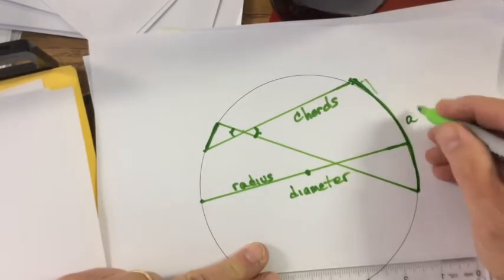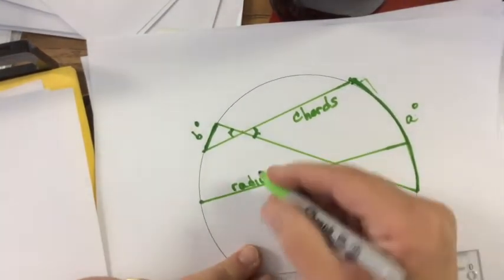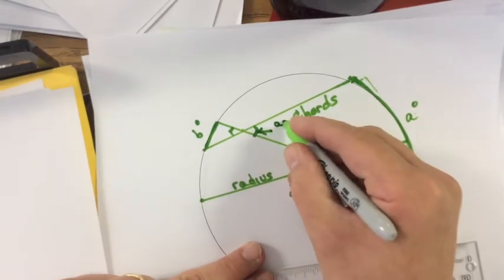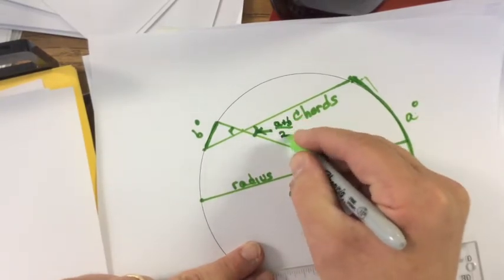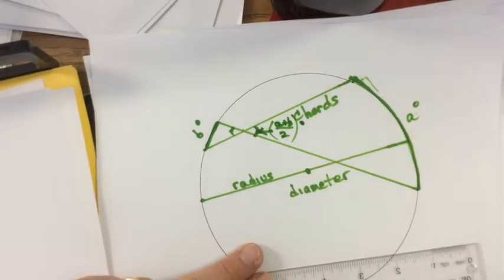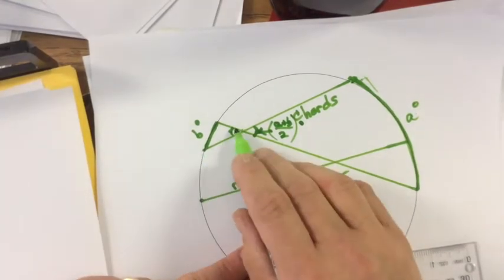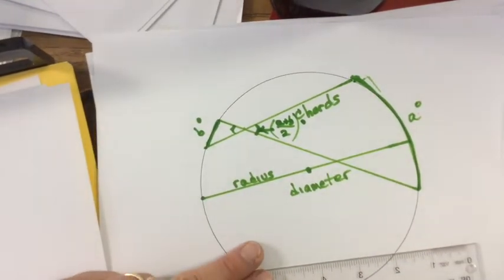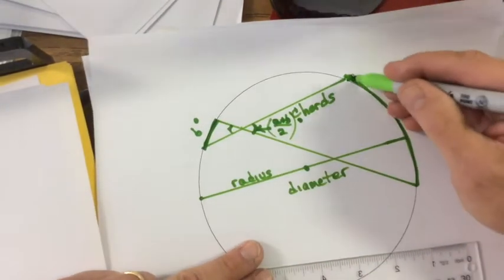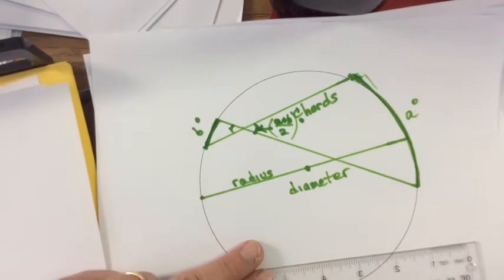If we call this one A degrees and we call this one B degrees over here, then this angle right here is going to be A plus B divided by 2 degrees. So if they intersect outside, you're going to subtract them. If they intersect inside, you're going to add them. This arc plus this arc divided by 2 gives you that angle.